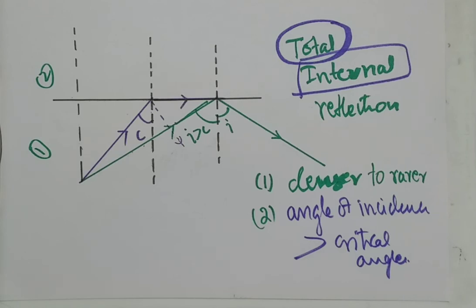Doctors ask the patient to swallow a pipe, and then through that pipe the doctor can see any abnormalities inside the esophagus. That is made possible by this phenomena, total internal reflection.